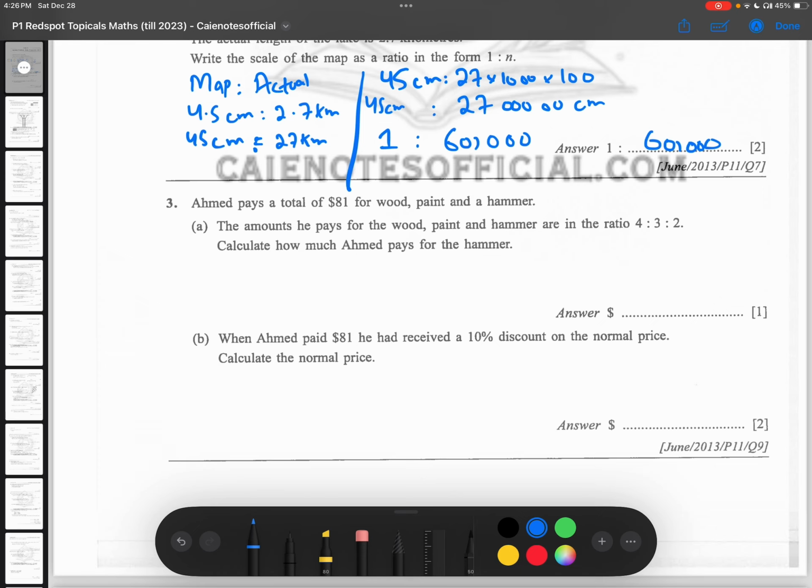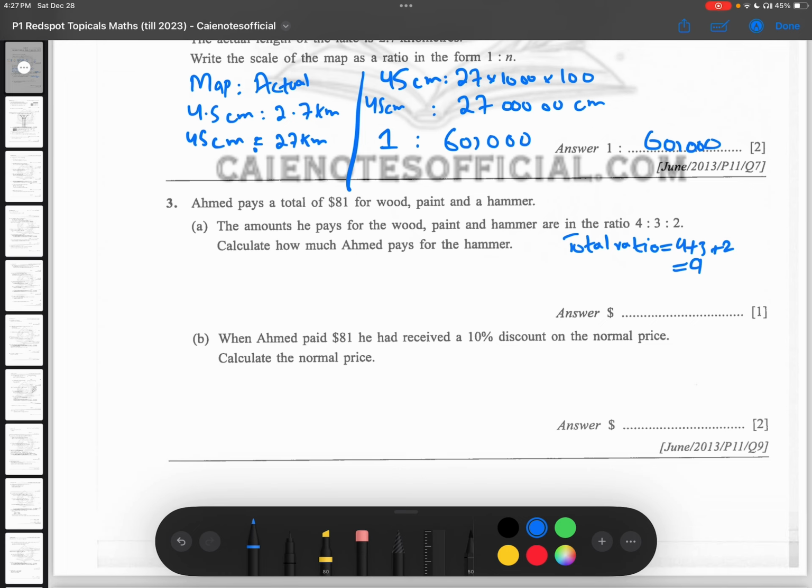So out of 81, wood contains 4 parts, paint contains 3 parts, and hammer contains 2 parts. First I need to calculate how much amount is there in one part. To do that, I need the total parts, the total ratio. So what's the total ratio over here? 4 plus 3 plus 2 is equal to 9.